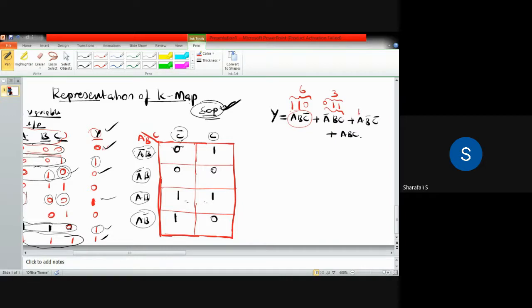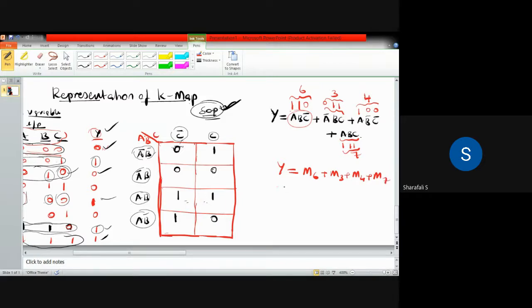A equal to 1, B bar is 0, C bar is also 0, so this gives you 4. And A B C is 1, 1, 1, giving 7. So y will be equal to m6 plus m3 plus m4 plus m7.